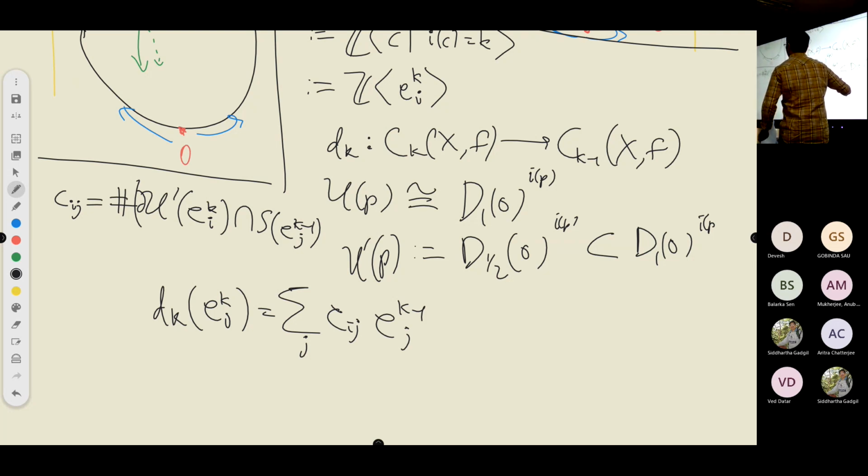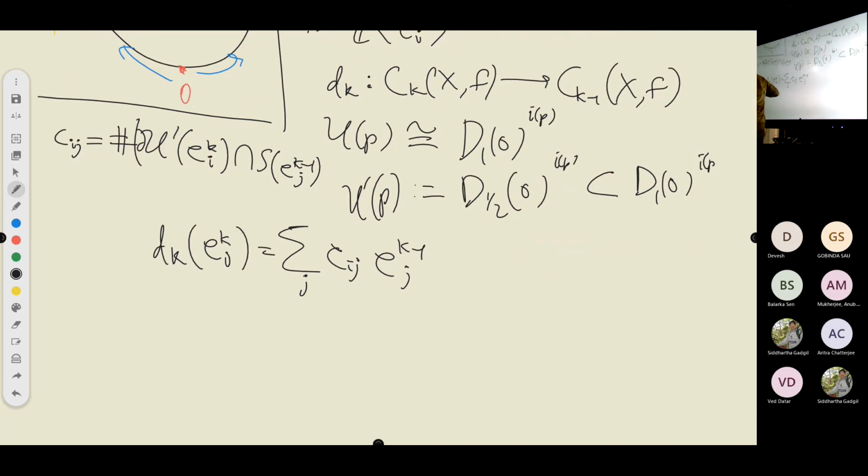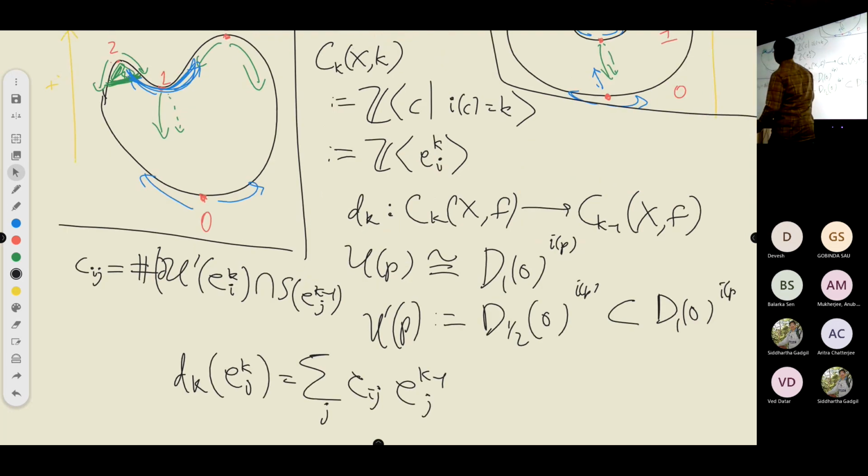This is going to be our main formula. And this is a good example to try computing it for, and I would encourage you to compute what the homology is in this case and see that it recovers the homology of your two sphere.